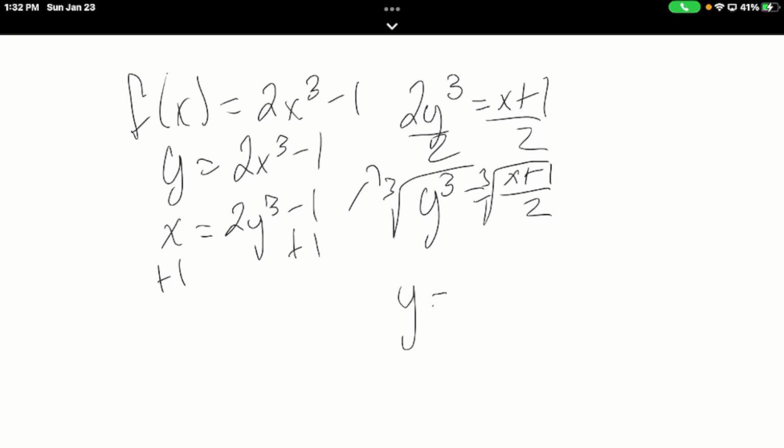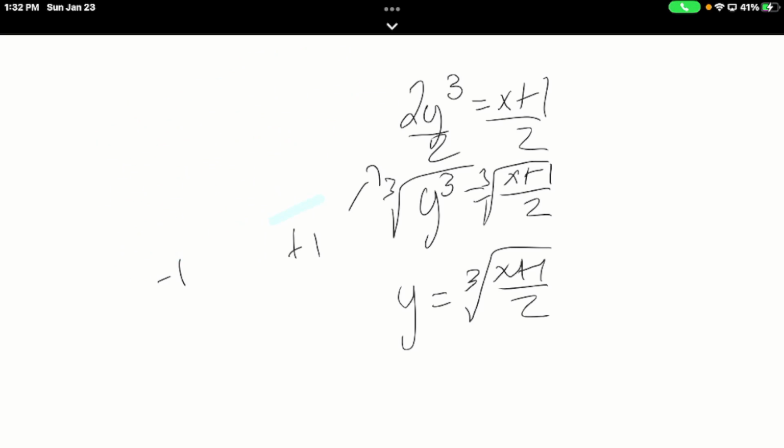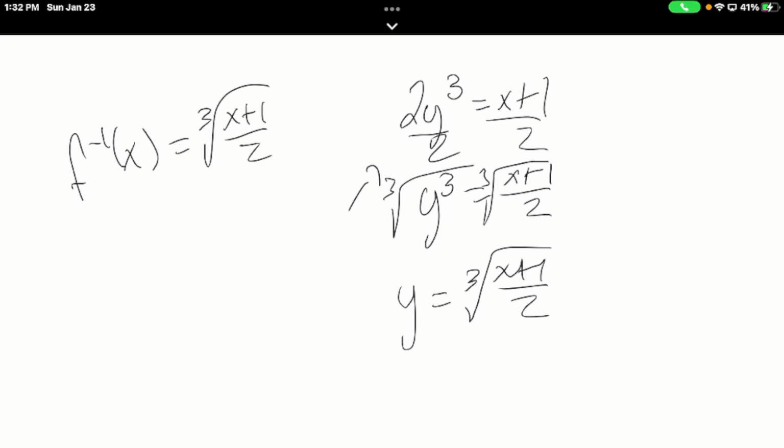Okay, so I get y equals the cube root of x plus 1 over 2. I'm going to replace this y with the inverse notation, and that will be my inverse. Okay, so going up top here, I've got f inverse of x is equal to the cube root of x plus 1 over 2. Okay, that's how you would find the inverse of a cubic.